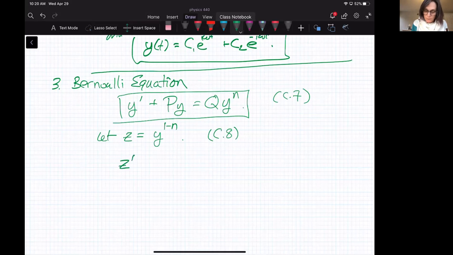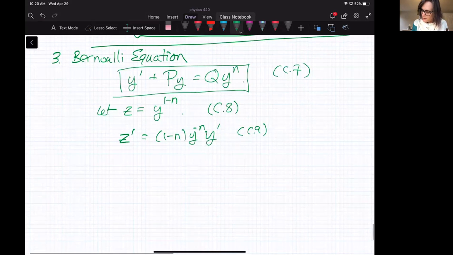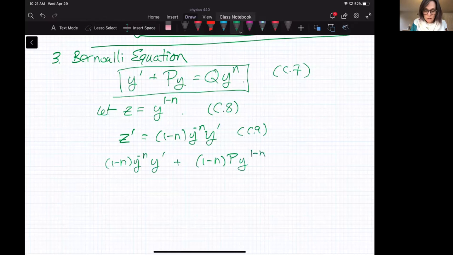So z prime is equal to 1 minus n times y to the minus n times y prime. And 1 minus n times y to the minus n times y prime plus 1 minus n p times y to the 1 minus n is equal to 1 minus n q.